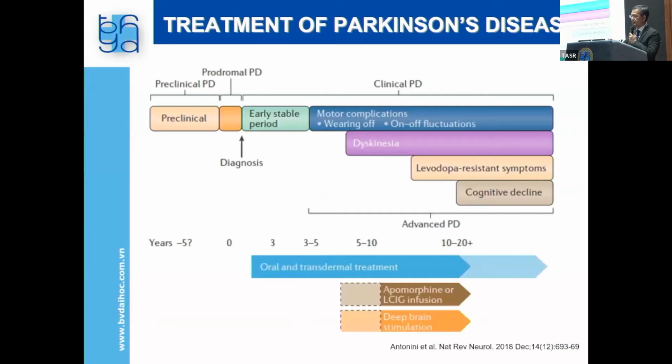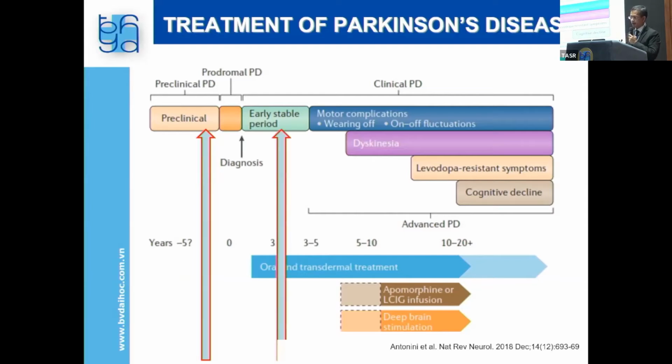When we see the timeline of the progression of Parkinson disease, we also have the timeline of the treatment. For example, at the preclinical stage, we can manage the non-motor symptoms, but without motor symptoms, and we don't have any disease modifying therapy.